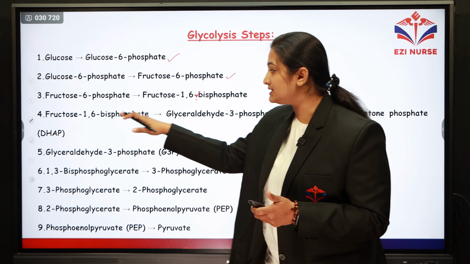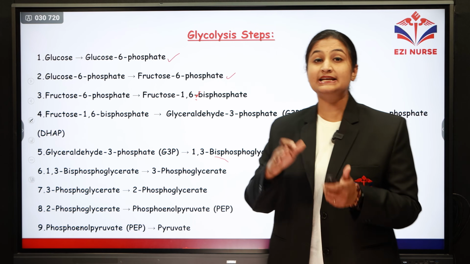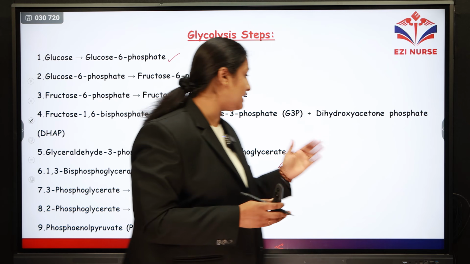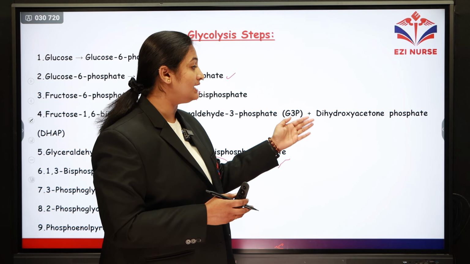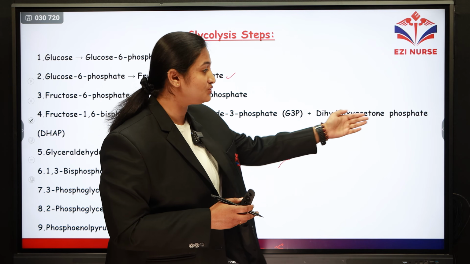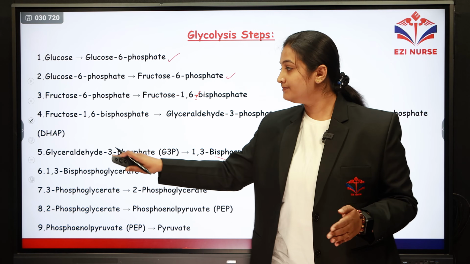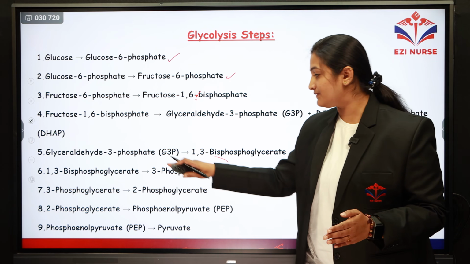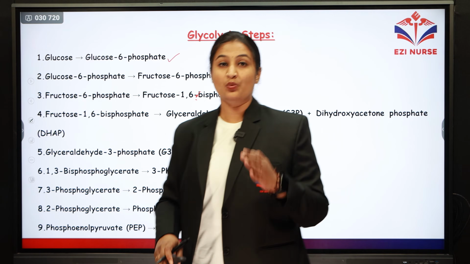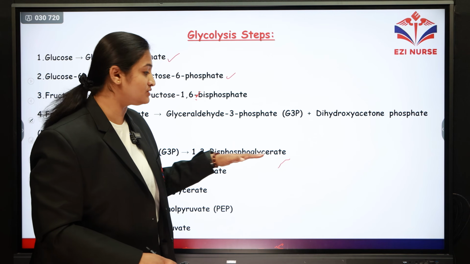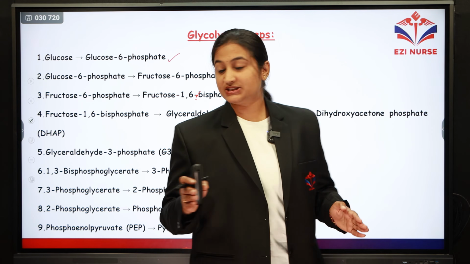Then fructose 1,6-bisphosphate is converted into glyceraldehyde 3-phosphate (G3P), and dihydroxyacetone phosphate, that is DHAP, is also formed. Then glyceraldehyde 3-phosphate is converted into 1,3-bisphosphoglycerate.